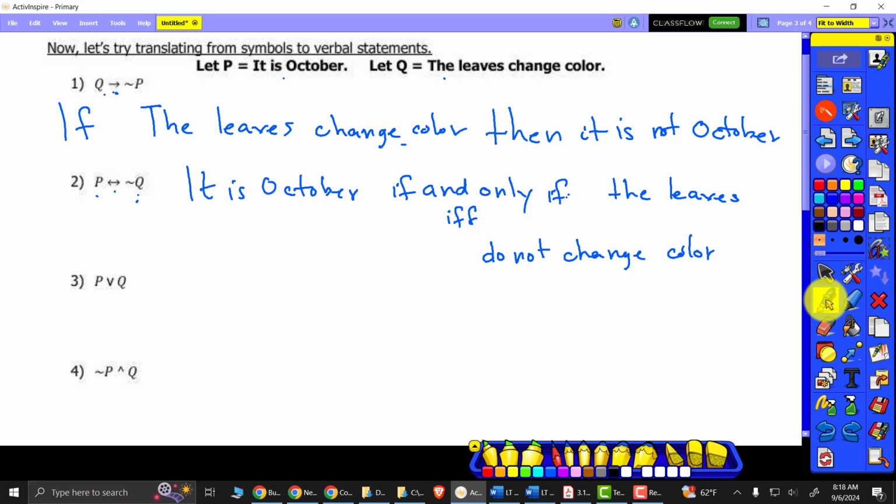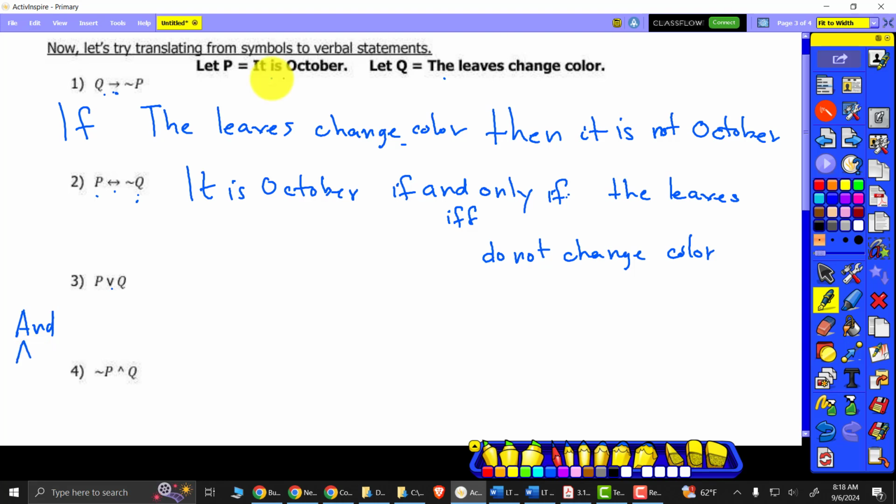P, what is this? Or and? Remember, and is easy to spot because we can just think of your letter A. So this is not and, that's an or. So P or Q. So how do we write P or Q?